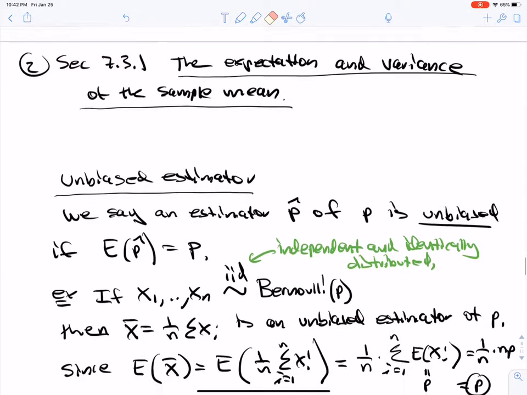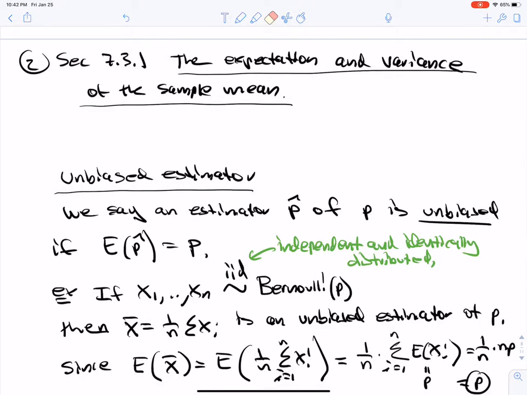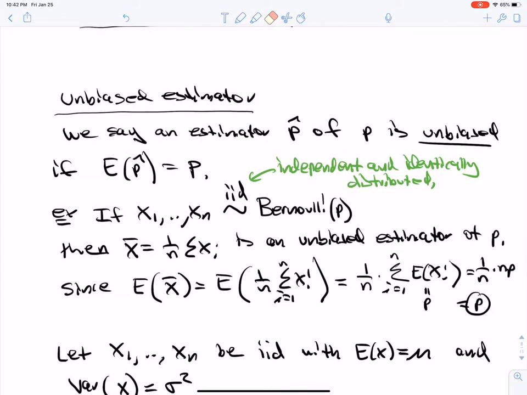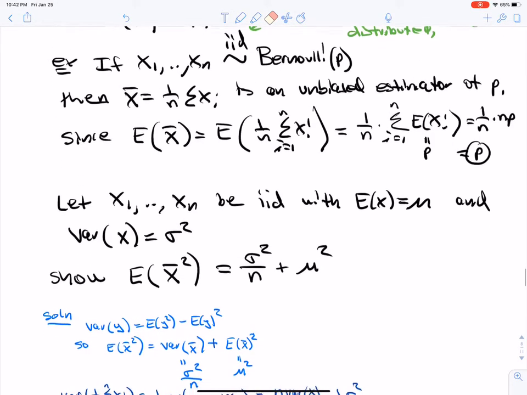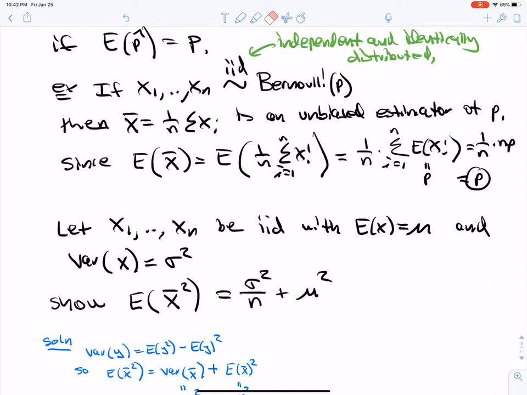Finally, we started section 7.3, and it's important you understand what an unbiased estimator is. It means that the expectation of the estimator is the population parameter itself. We show here that indeed the sample mean is an unbiased estimator for the population parameter p in the dichotomous case.